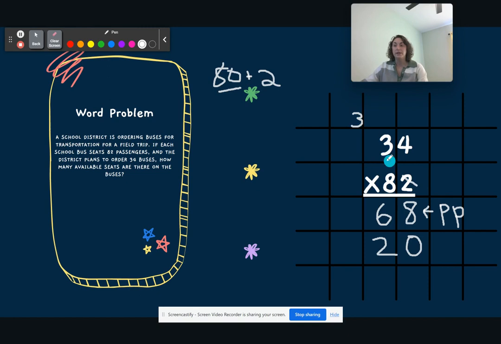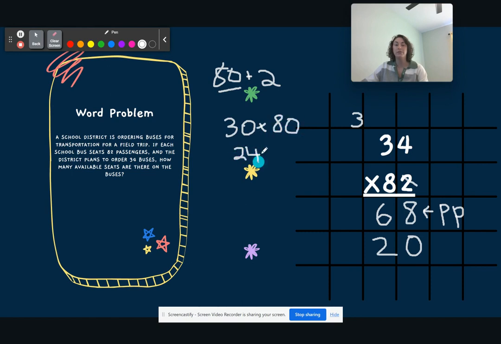Now we'll multiply the tens digit in the first factor by the tens digit in the second factor. Remember, what we're really multiplying here is 30 by 80, which is why we needed that placeholder down here. So 3 tens times 8 tens is 24 tens plus the 300 up here. So that's 27. Again, we're really multiplying 30 times 80, which is 2400.